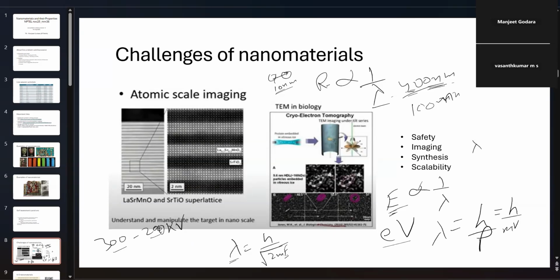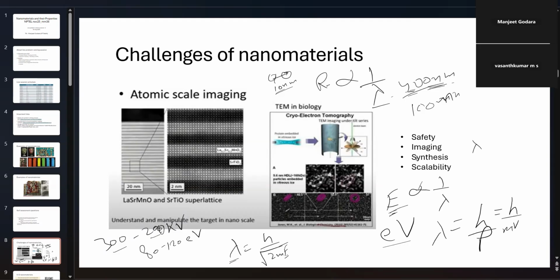So there they usually prefer 80 or maybe 120 kV systems, and they also cool down the sample itself. When the electron beam hits the sample, it actually locally heats the sample too. That can also destroy the sample, so they cool it down to prevent damage from the beam.